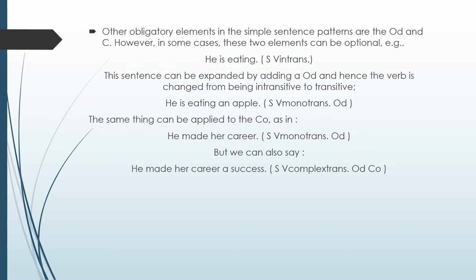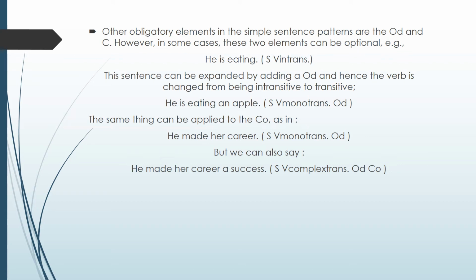What about other elements? Can we find other elements in the sentence that can be optional and obligatory? In fact, yes. We talked about the direct object and the object complement. We said that, for example, the direct object can be found in patterns number 3, 4, 5, and 6.